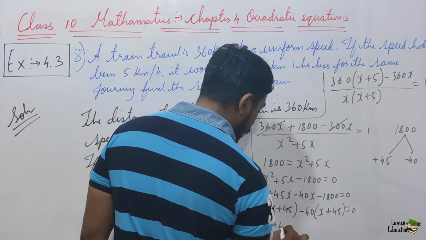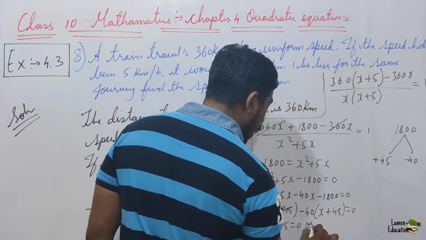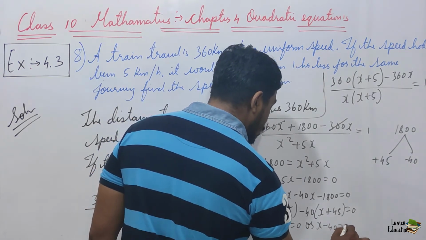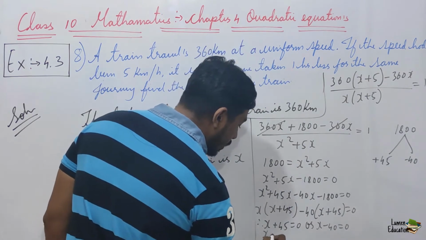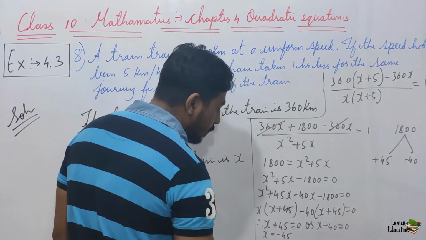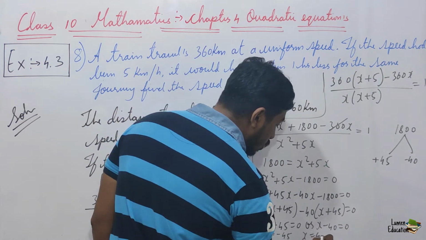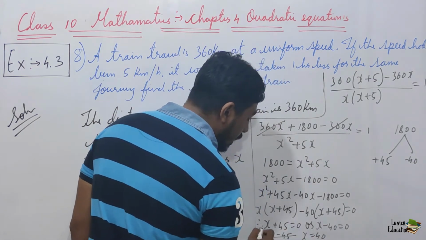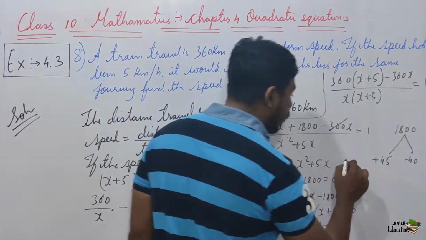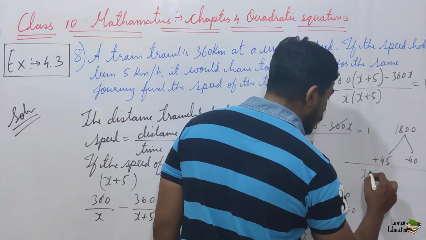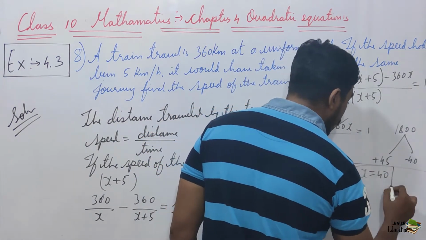Therefore x plus 45 is equals to 0, or x minus 40 is equals to 0. This will be x is equals to minus 45, and this will be x is equals to 40. Therefore negative will be rejected, therefore positive, that is x is equals to 40 is your answer.